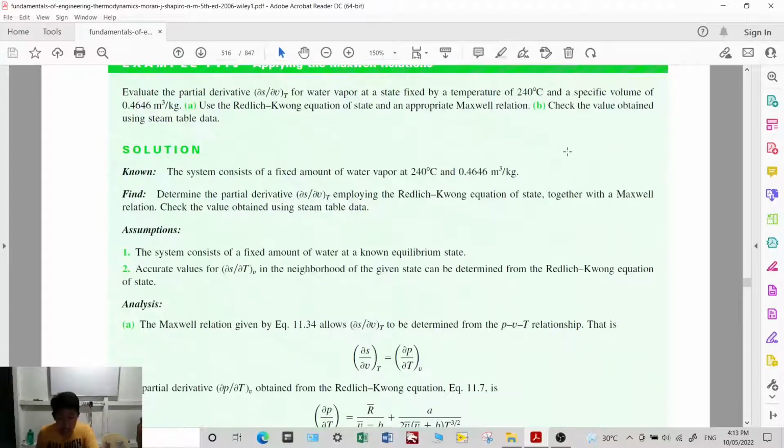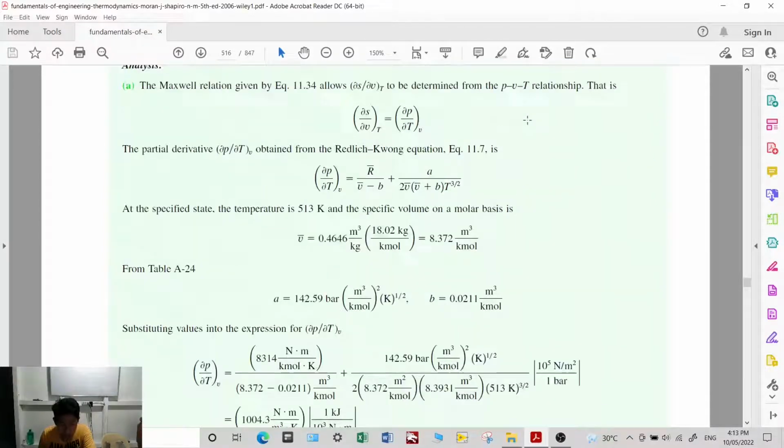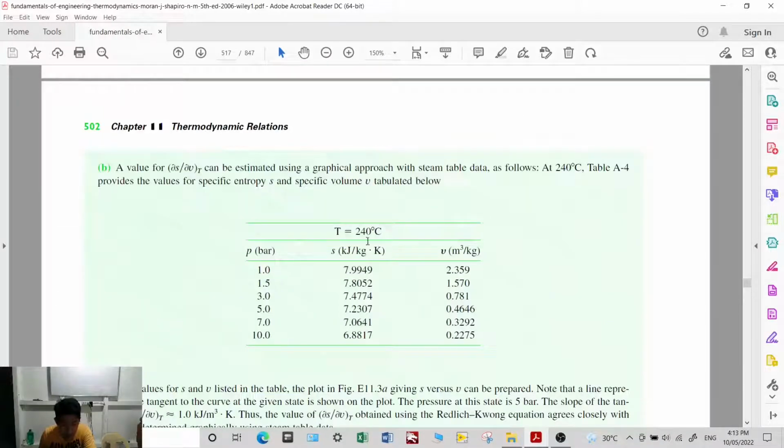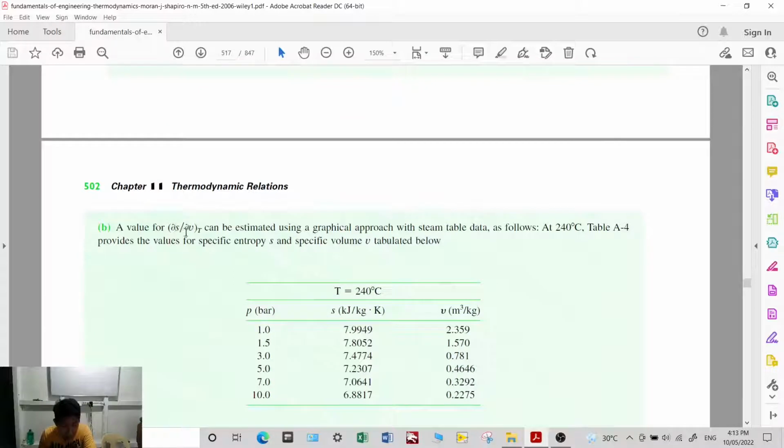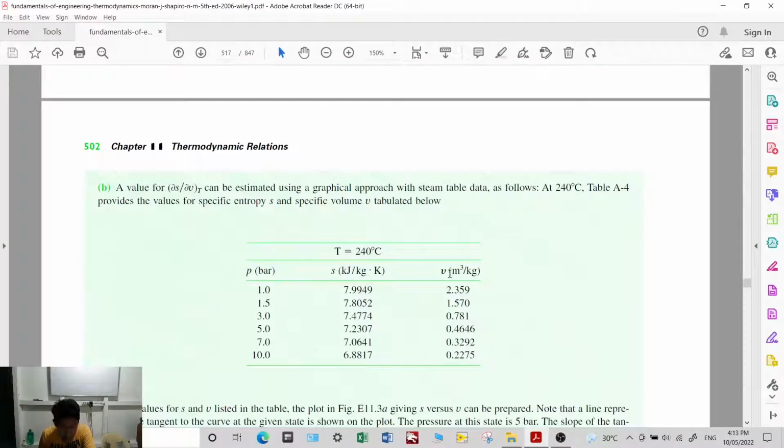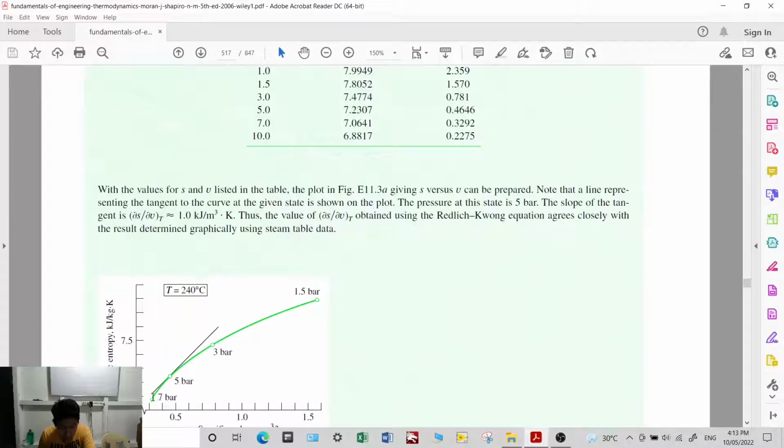Now, we will find this from the table, with the temperature fixed at 240. Actually, if you look at the table, at this temperature it is superheated vapor. Since it is superheated vapor, you will plot them. What you are looking for is the partial of S with respect to V, so you plot entropy against specific volume, these two, no?